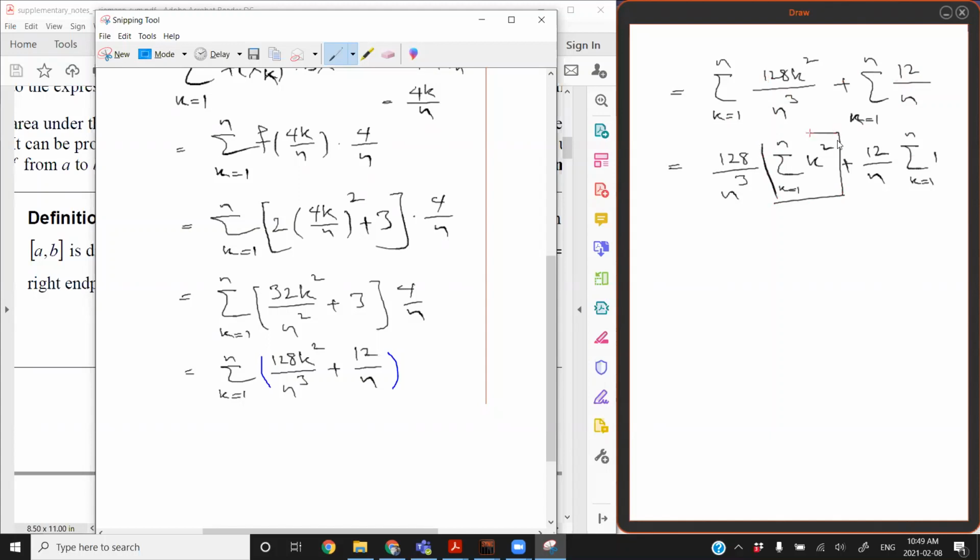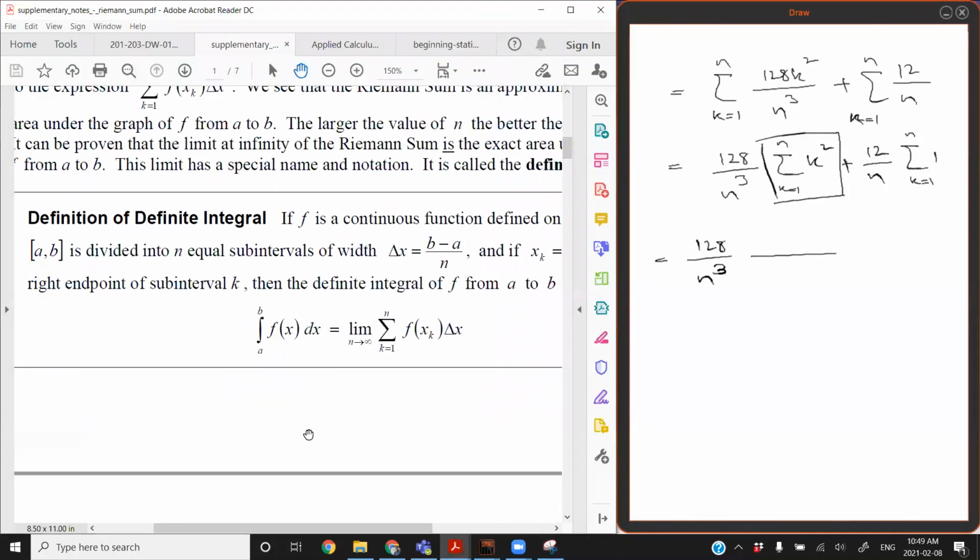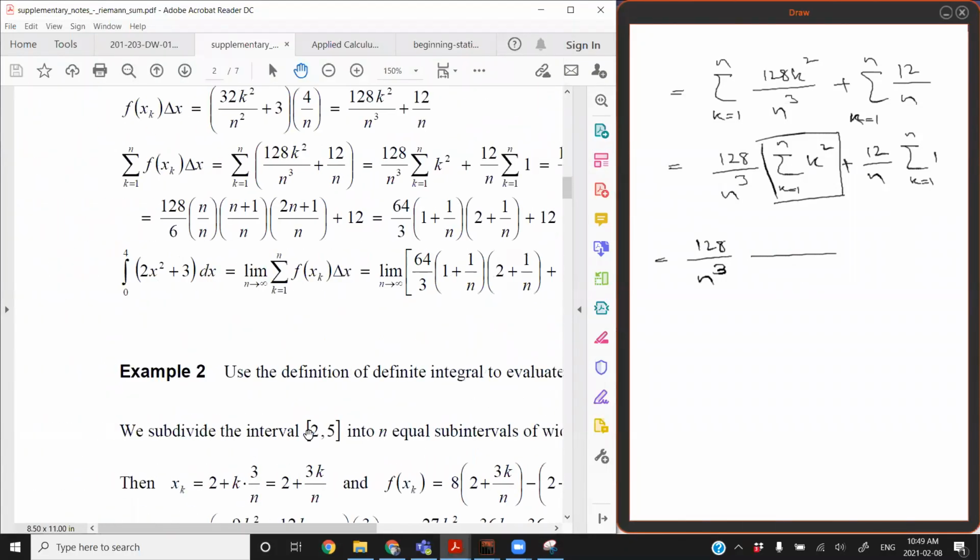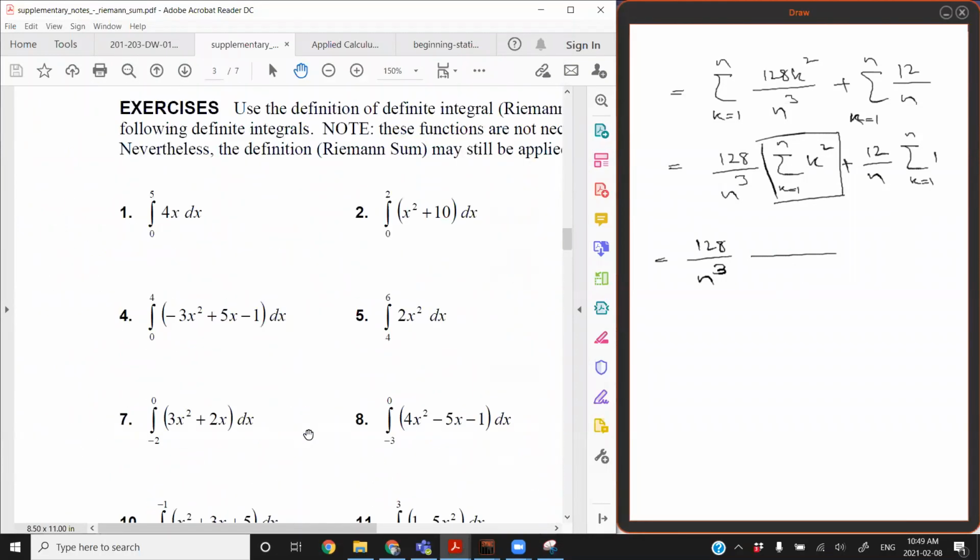And for this, we have a formula, right? The formula is 128 over n to the power of 3. Now, this sigma k squared can be replaced by, I'm going to show you the formula again, n times n plus 1 times 2n plus 1 over 6.